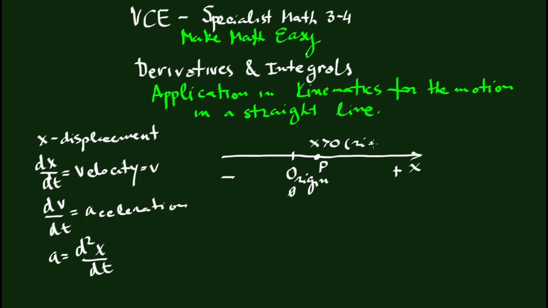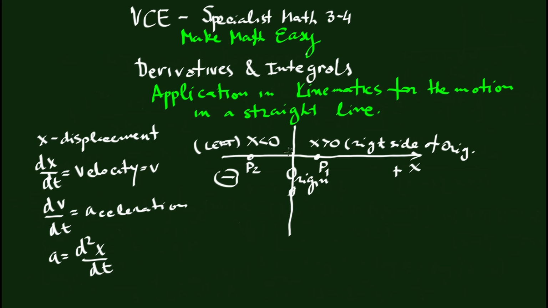It's on the right side of the origin. If P, say P2, is on the negative side, then x is less than 0 and it's on the left of the origin. It's gone to the left.